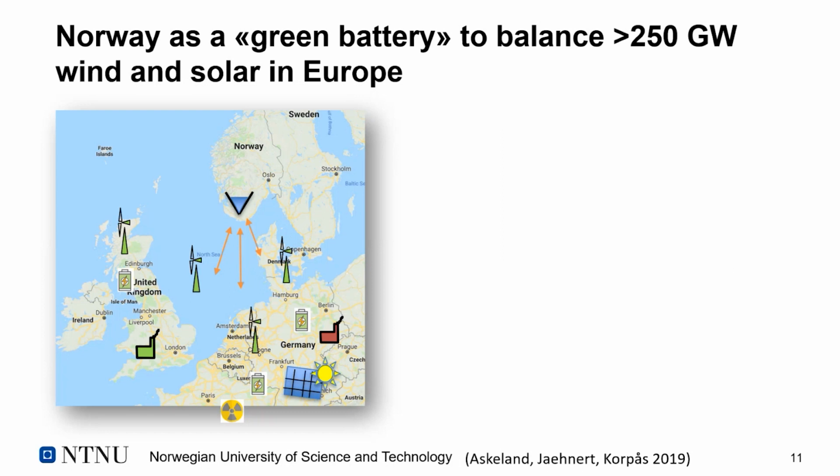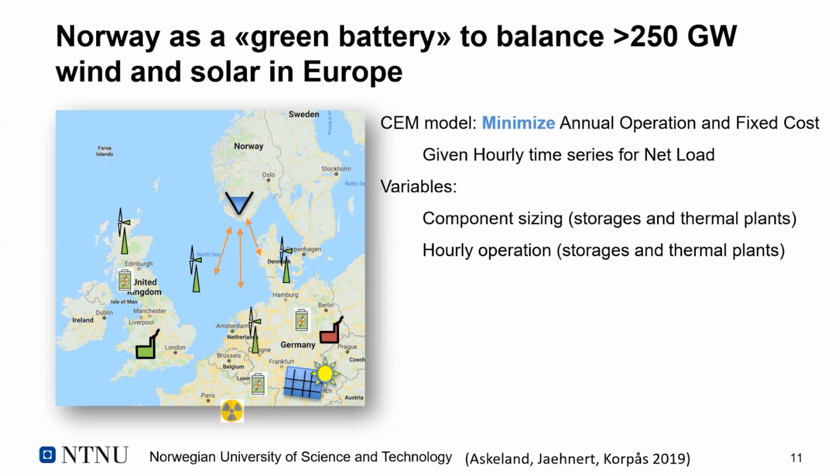So I start with, let's say, a bit of a blown up variant of the simple model that I just showed. It's actually from a master thesis of Magnus Askeland, now at SINTEF. He made an equilibrium variant of the model, but it's basically a linear capacity expansion model, just as I showed.